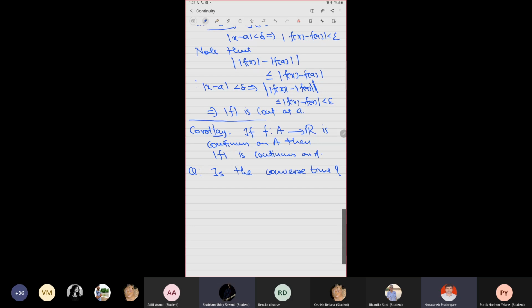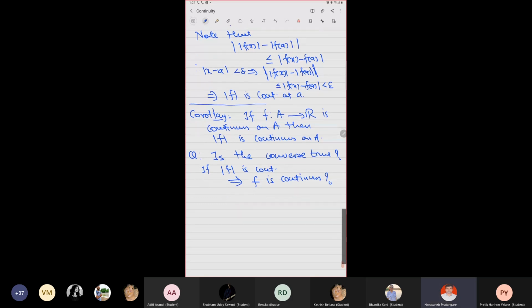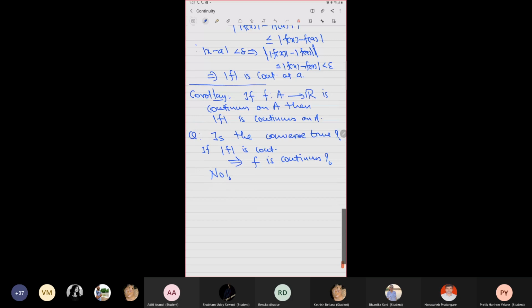Is the converse true? And what is the converse? No, sir. That is, if the absolute value of f is continuous, does this imply f is continuous? And the answer is of course no. What is the example?